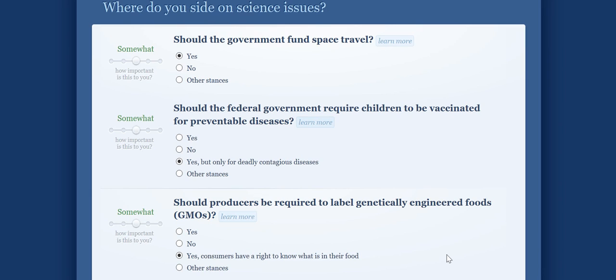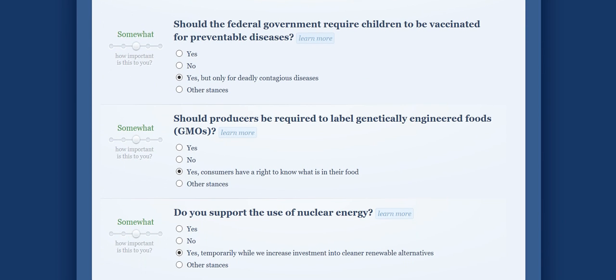They pretended like they were doing vaccines and humanitarian work, but they were just trying to get Bin Laden, and yeah, I don't know, something like that went down. But anyway, that's my take on that. I put yes, but for only deadly contagious diseases, but it's actually a very difficult issue to dive into.